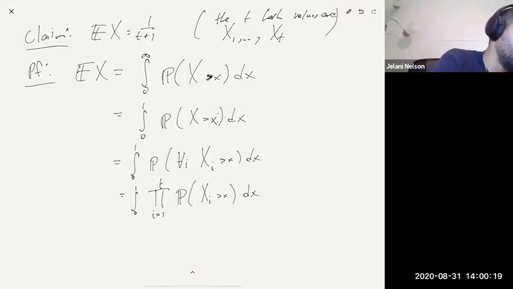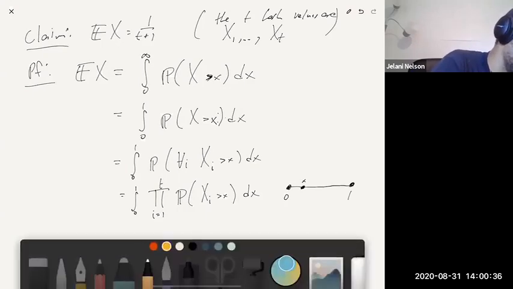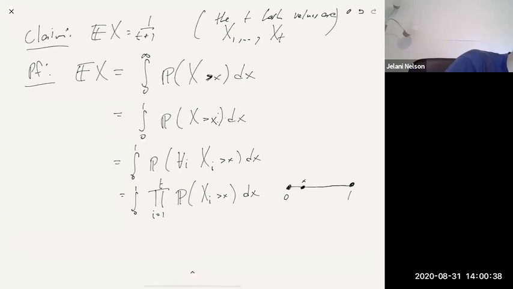And now what's this picture here? We have 0, 1, we have this interval, and then capital Xi is a random number in this range, and here we have an x somewhere. So here's little x. So we're asking, what's the probability that capital Xi is in this interval?